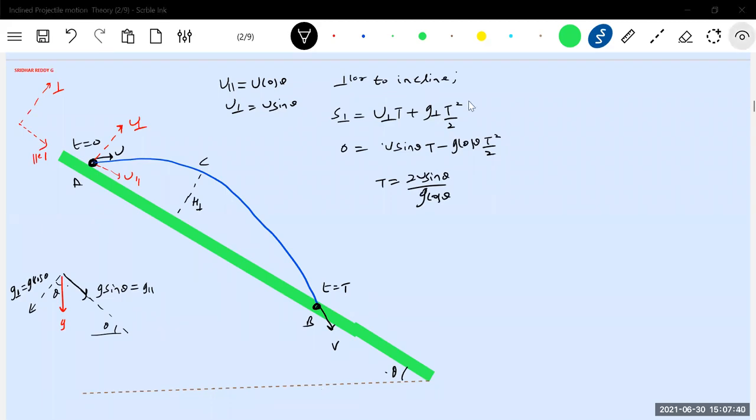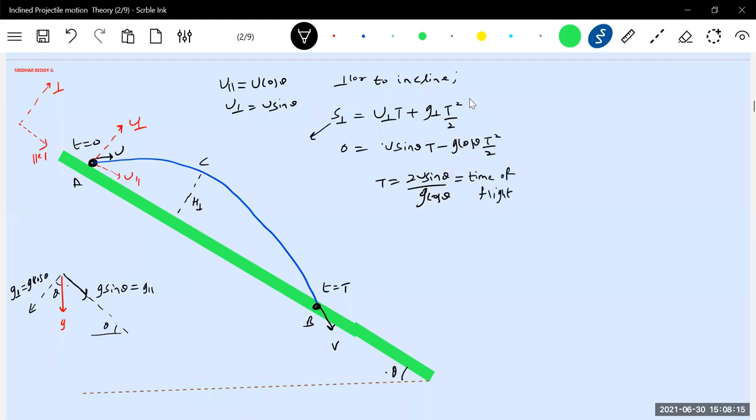From A to B, what is the net displacement perpendicular to the incline? It should be 0, no? Plus H minus H, 0. Make observations. Okay, this is the time of flight. So this quantity is called the time of flight.